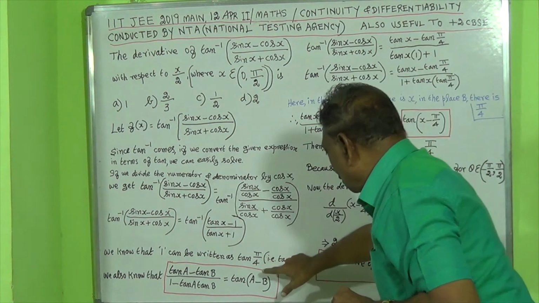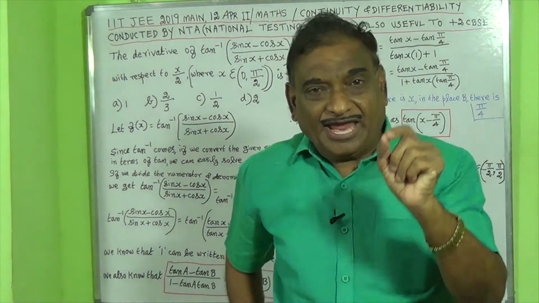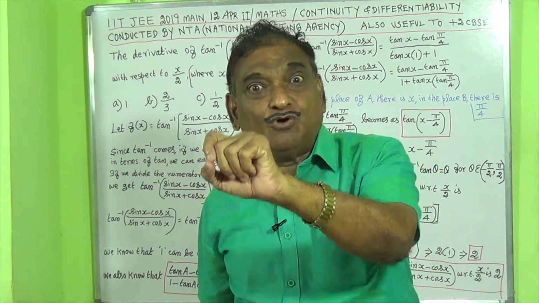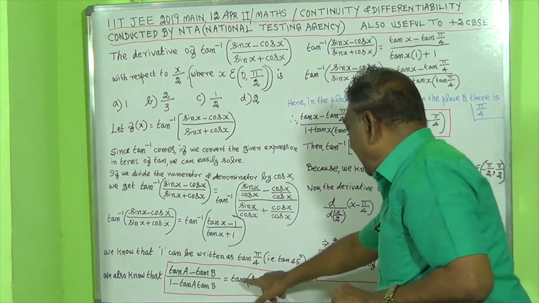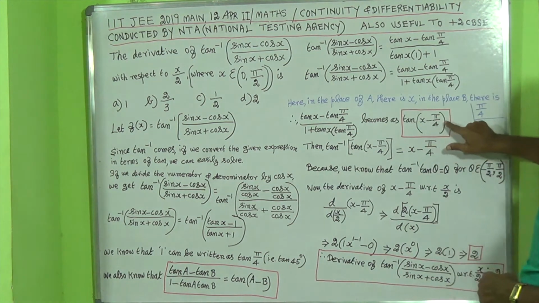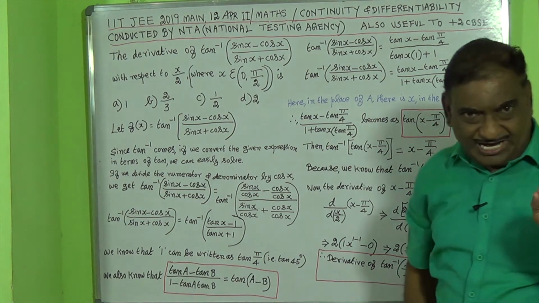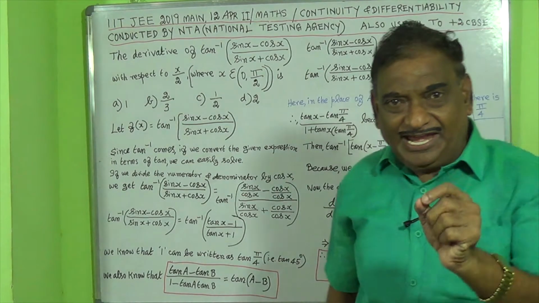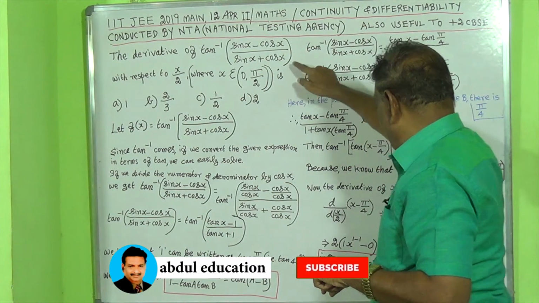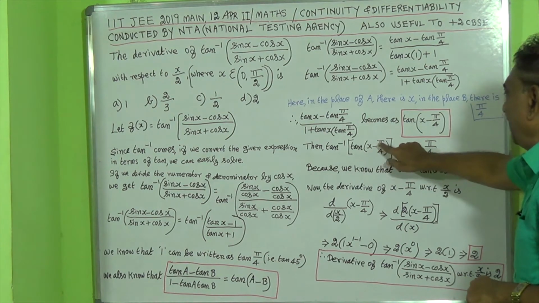On comparing these two, we can understand that in the place of A we have x, and in the place of B we have pi by 4. Therefore tan (A minus B) is obtained as tan (x minus pi by 4). Therefore, the given expression tan inverse of (sin x minus cos x) by (sin x plus cos x) is obtained as tan inverse of tan (x minus pi by 4).